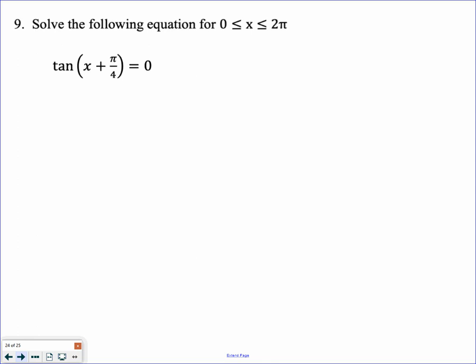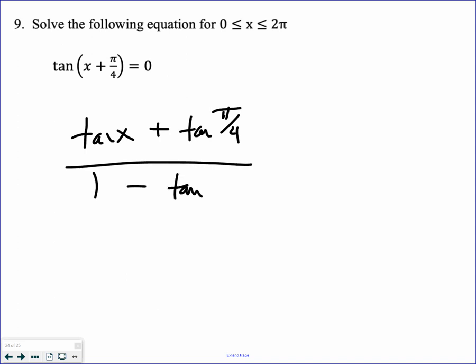Solving again. And it's a tangent. And so this is going probably above and beyond. But here we go. Tangent of the first plus tangent of the second over 1 minus tangent of the first, tangent of the second. And it equals 0.